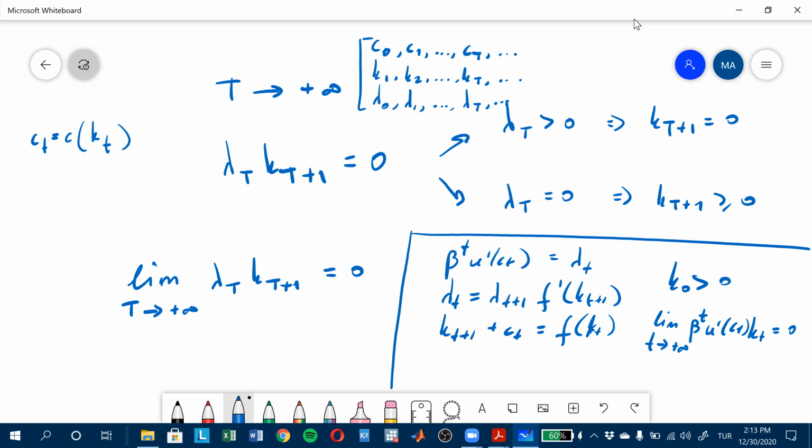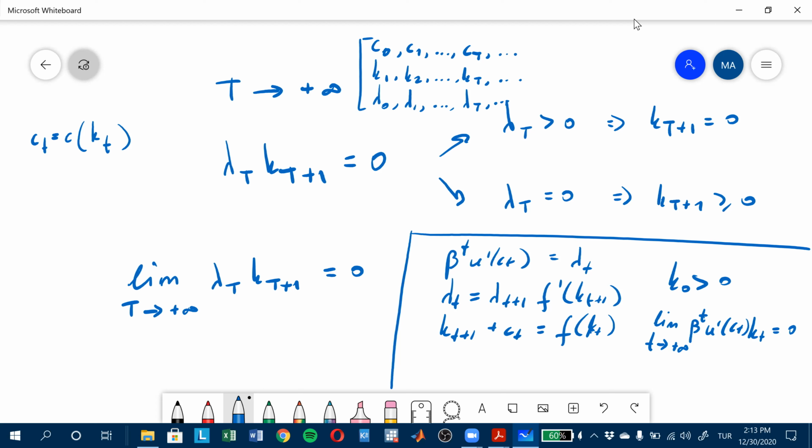And then there is also the stochastic versions. In the stochastic problems, when there are shocks around, it is also easier to work with the recursive approach.